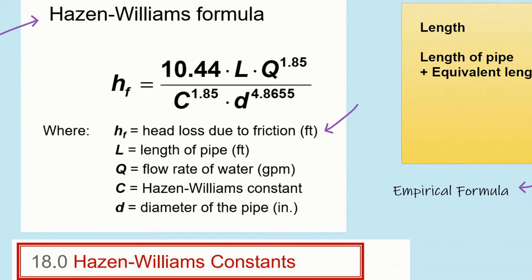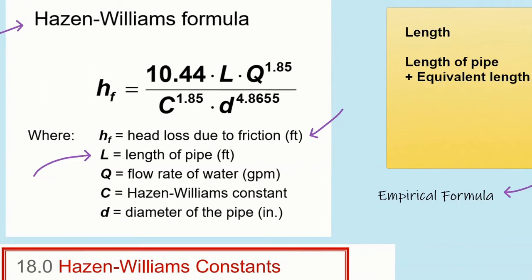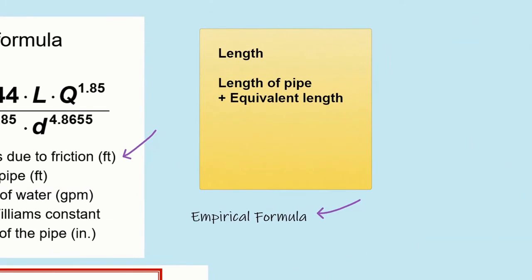So your units are very important. Length of pipe has to be in feet, and usually this will involve a conversion of miles into feet. For our length, you need to understand the length of the pipe, which is usually miles converted into feet, and then the equivalent length of the fittings.